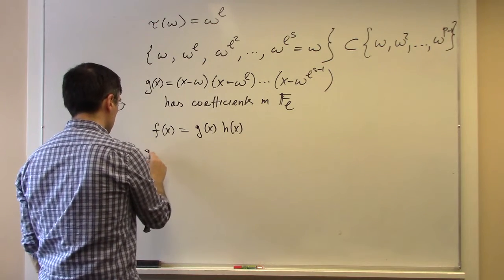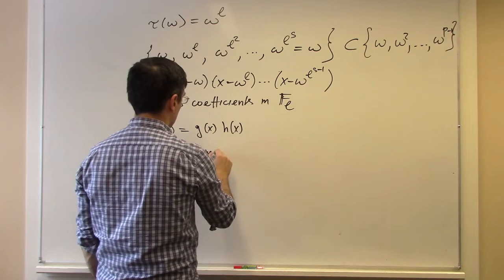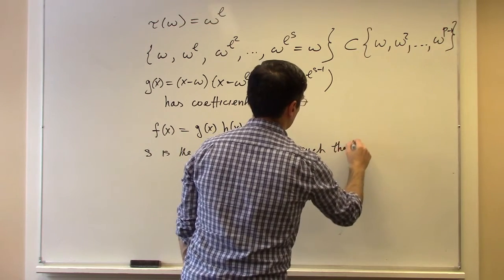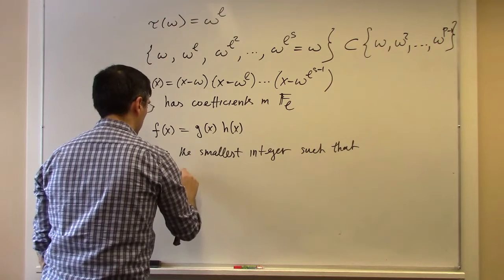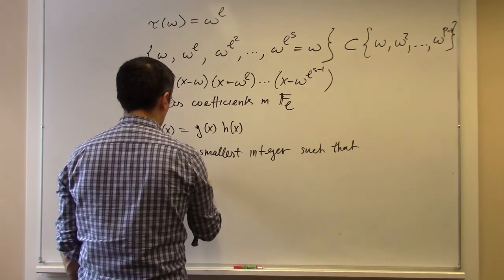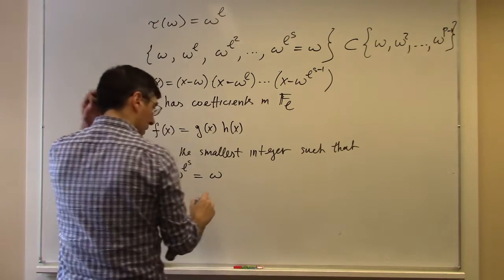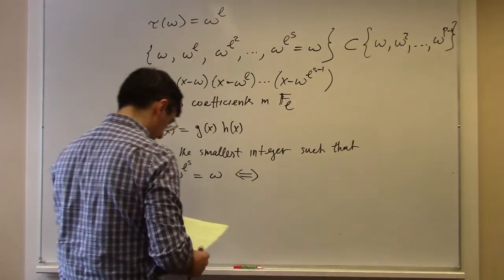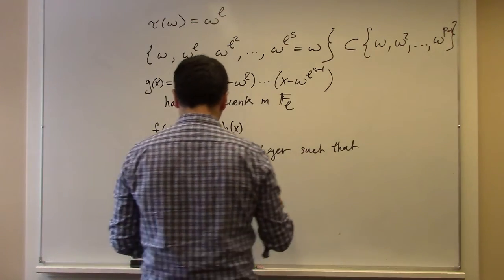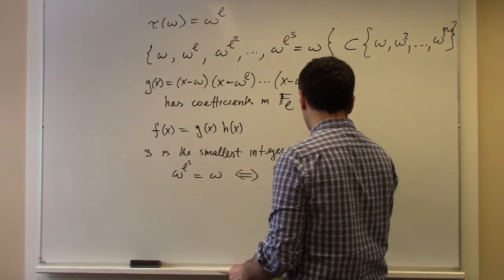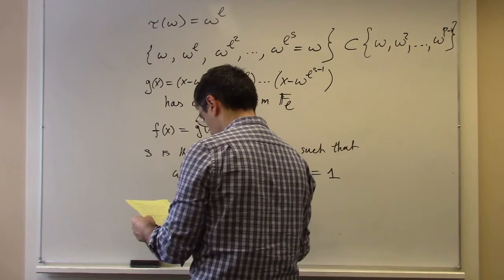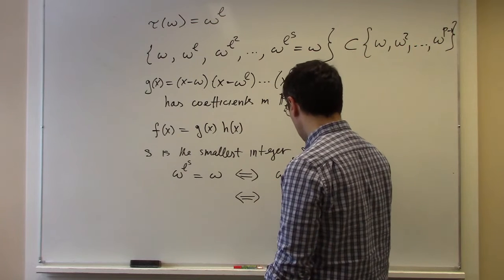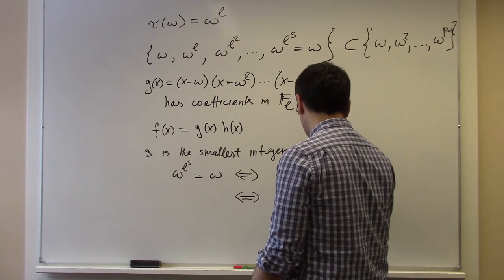So s is the smallest integer such that omega^(l^s) is omega, which is equivalent to omega^(l^s - 1) being 1, which is equivalent to the smallest s such that p divides l^s - 1.